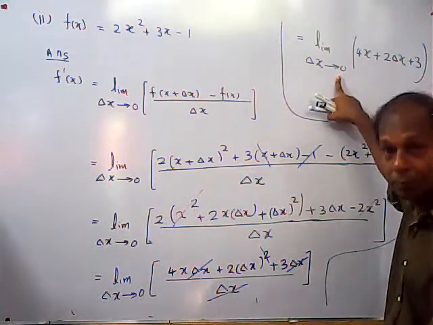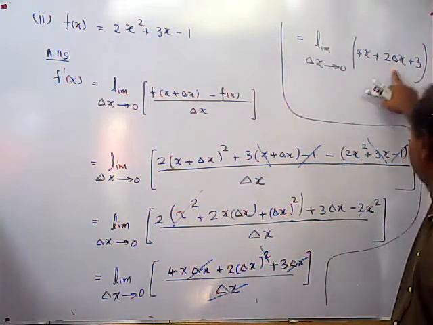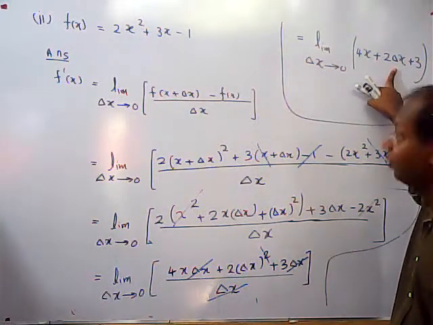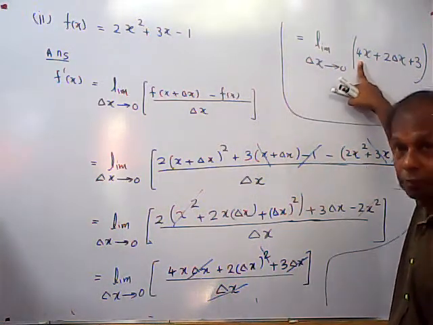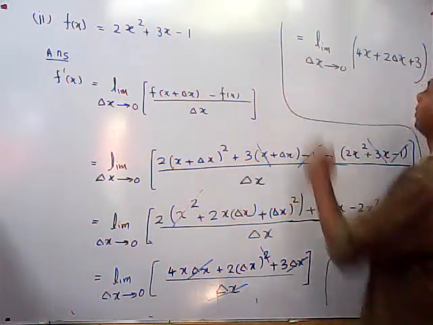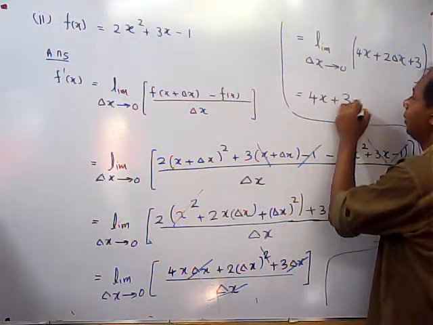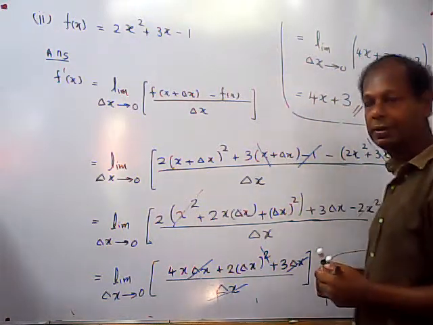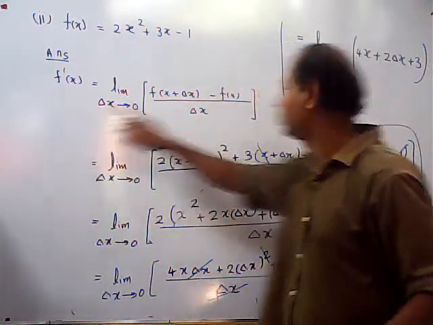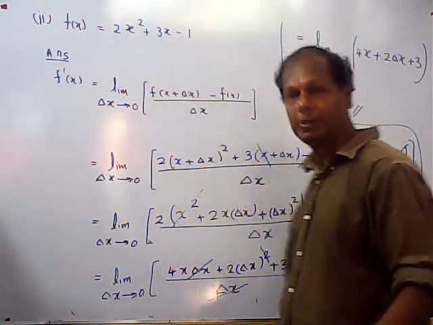When you take the limit, this term will disappear because delta x is there and that will go to 0. So finally leaving 4x plus 3. And that is the derivative. So the answer f dash x is equal to 4x plus 3 for this function.